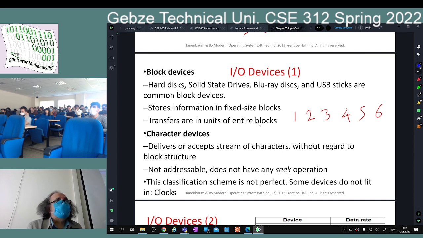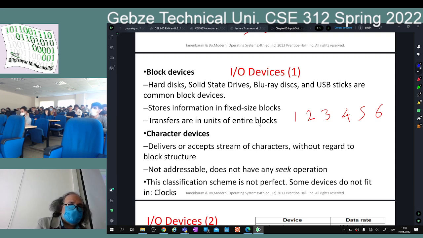No, it says I am going to give you all the characters that I have, one by one. If you'd like to find the 10th character, you can do it yourself. Okay, it is not addressable. It doesn't have a seek operation. For the block devices, you have the seek operation, random access, or the next one. So block devices and character devices are two categories of I/O devices.